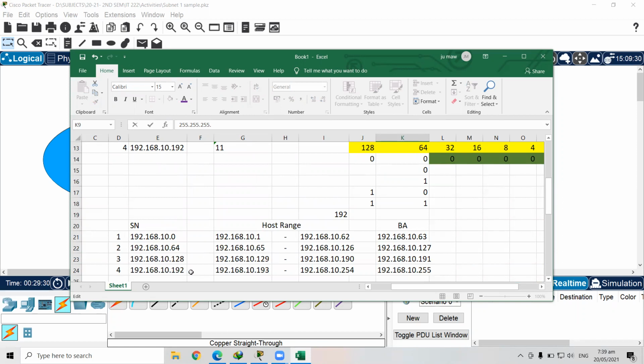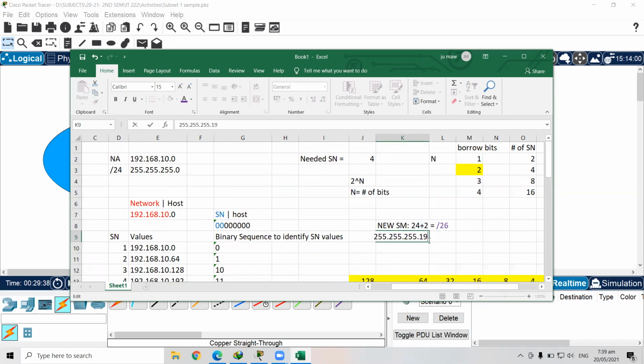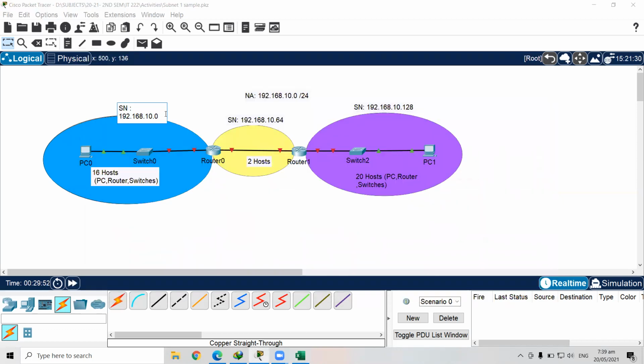Ano yung last value ng subnet mo? 192. Ayan. Ito yung new subnet mask mo. Okay, nakuha nyo? Very good. So the new subnet mask will be 255.255.255.192. Same sa iba. Okay, or /26.